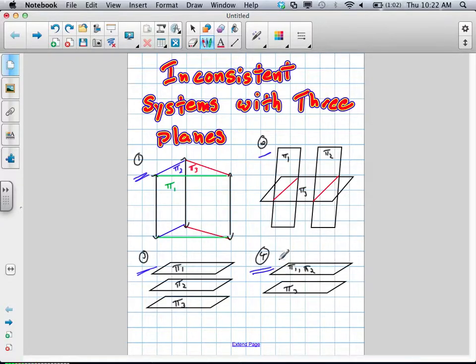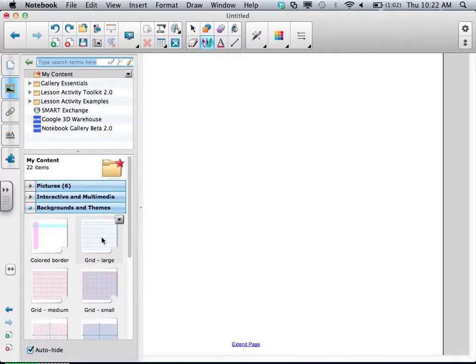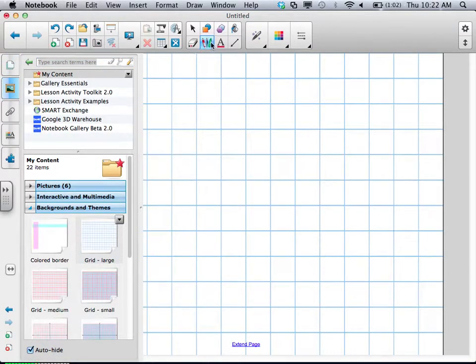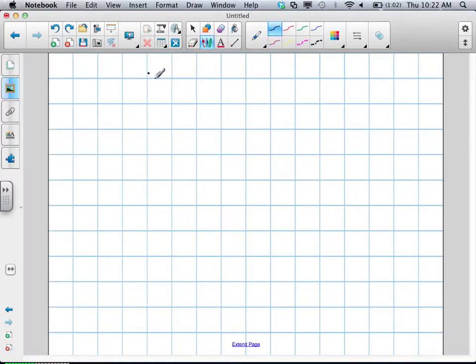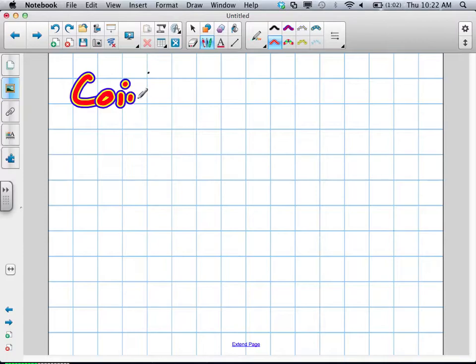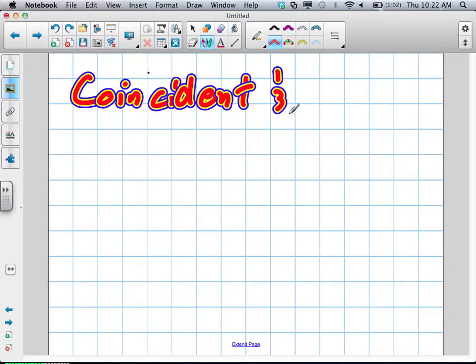Okay? So what we're going to look for is, we'll go to the next page. This is actually example 6 on 9.4. So inconsistent were parallel planes. Coincident and parallel.